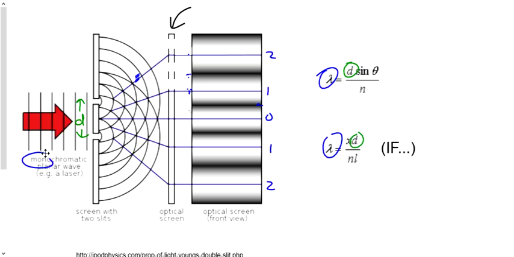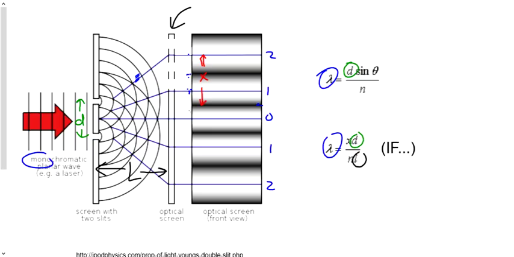Next, we have L. L, which I'm going to label as a capital L, as opposed to a lowercase, is the distance from the barrier, or the openings, to the screen. So far, so good, right? The tricky ones are X, theta, and N. X can be pretty much whatever distance I want, from this maximum to this minimum.